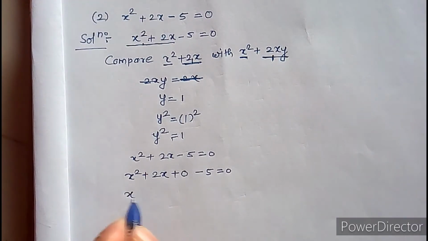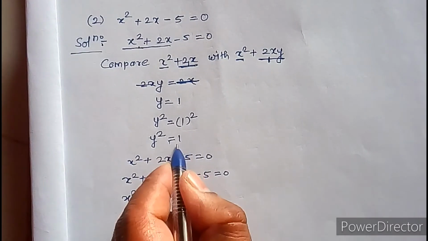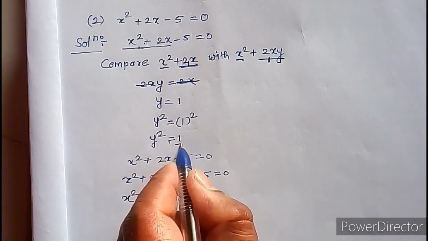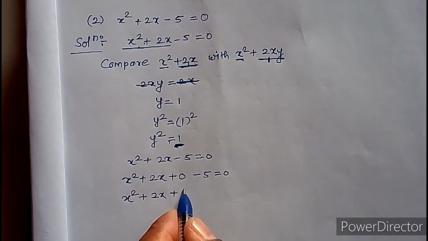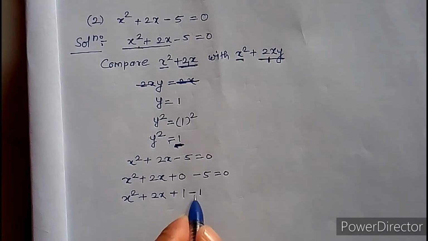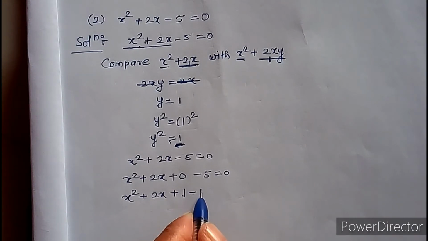Now x square plus twice of x plus, the value of y square is 1. We have to adjust the value of y square here, that is plus 1 minus 1. The value of plus 1 and minus 1 is 0. Therefore instead of 0 we have written 1 minus 1.